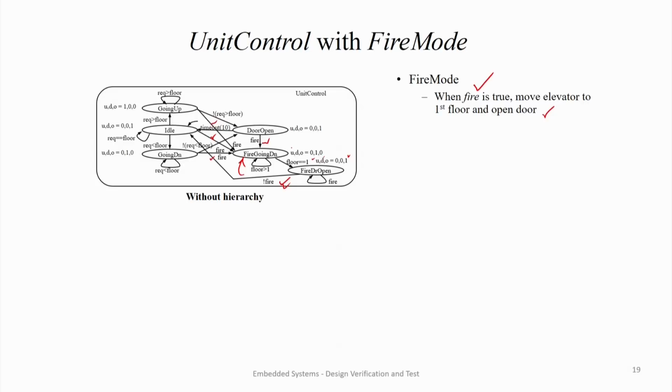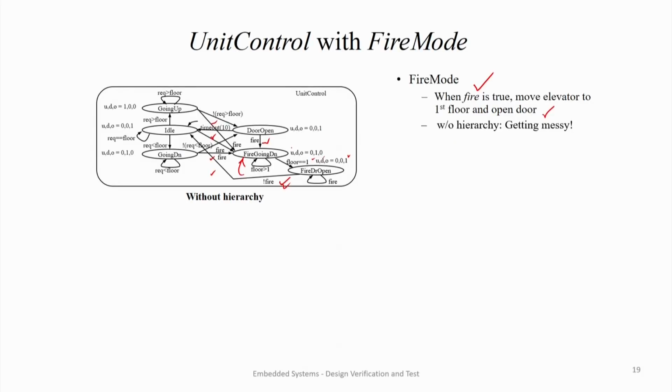With the door remaining closed, it will go down to the first floor, then it will remain stationary, open the door and remain in that state until fire is on. When the fire is extinguished, it can take fresh requests. So, it will go back to the idle state of the original state machine. So, without hierarchy, with so many transitions going on, it is a bit messy.